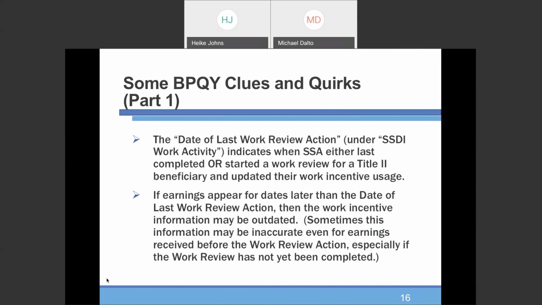Maybe the person has used some trial work months when the BPQY says they haven't, or they've used more than the BPQY says they've used, or perhaps they've used up all of their trial work period months. Maybe they've even had a cessation month. Maybe they're in their extended period of eligibility now.